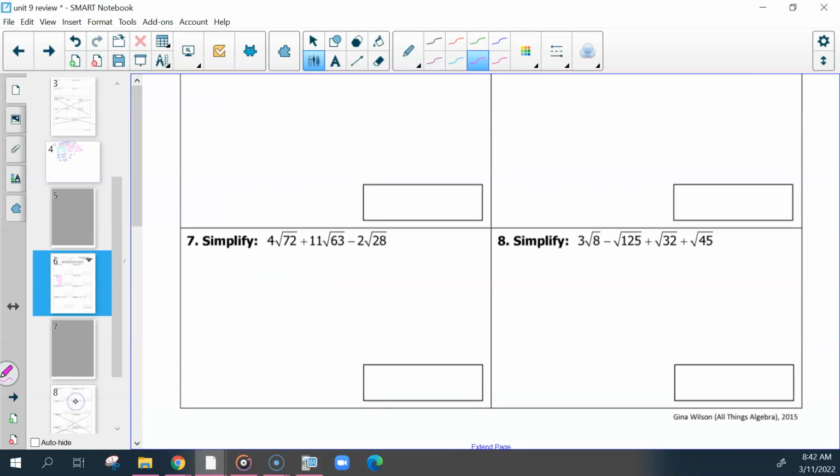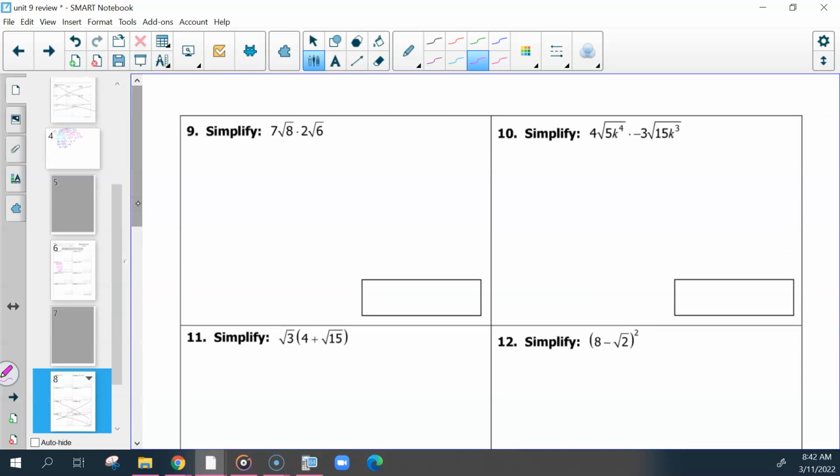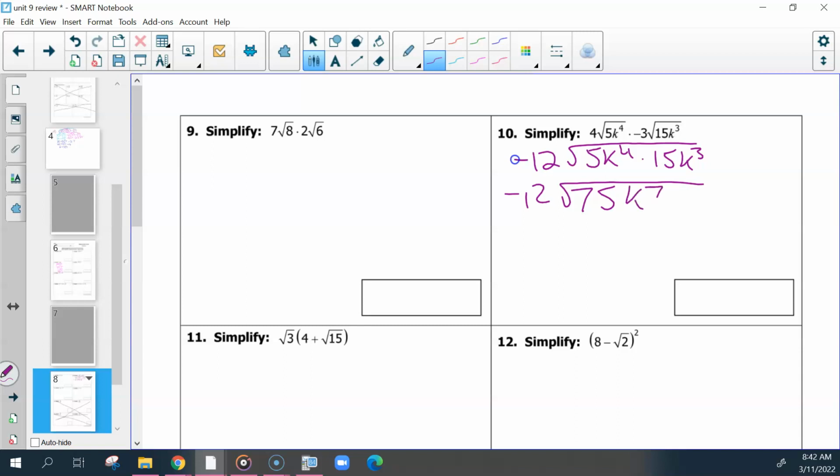This one? So we're multiplying, so multiply the outsides together, negative 12, multiply the insides together. I'm gonna rewrite it first. Multiply your numbers together first, so 5 times 15, I think that's 75. If you're multiplying these exponents, you would be adding the exponents, so k to the 7th.